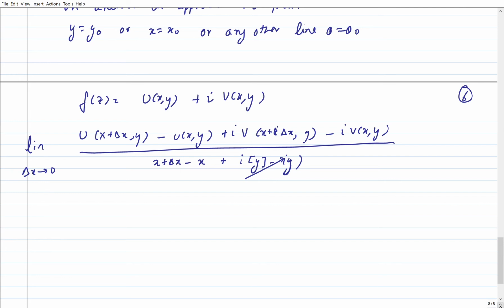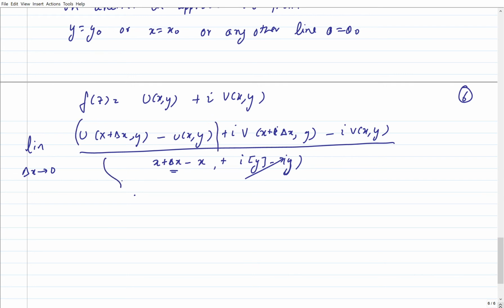So what does it give me? I'll take the limit delta x goes to 0. That gives me the derivative.